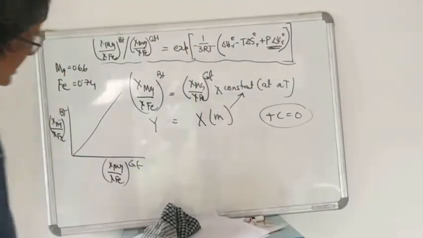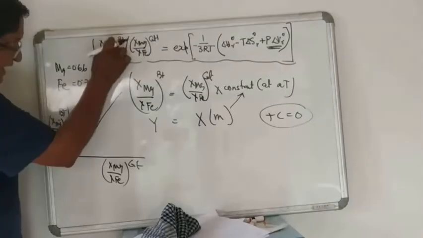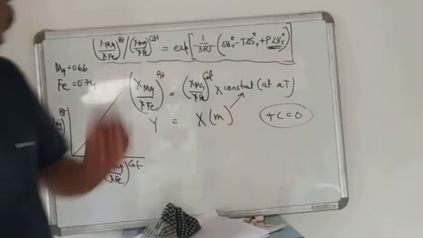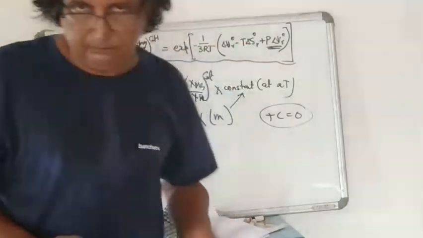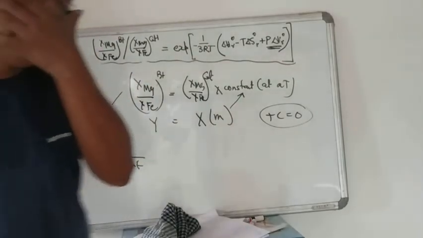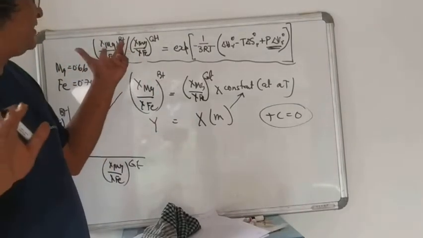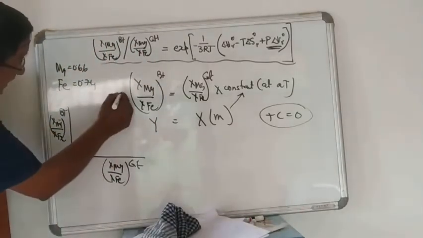Have you understood? They can have different values. These values could be different, but the ratio will be the same. Have you understood? The values individually could be different, but the ratios have to lie on this line.